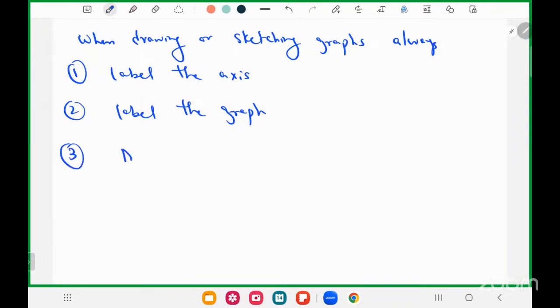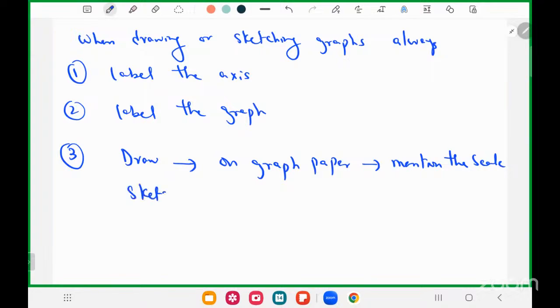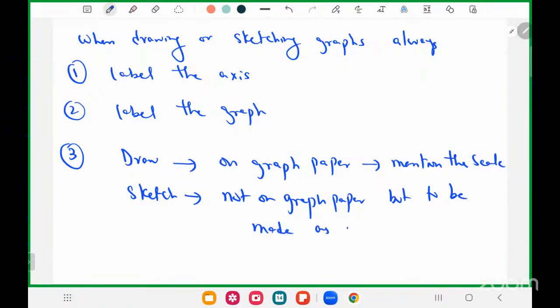If the question mentions draw the graph, then you have to draw on graph paper. Mention the scale. If the question says sketch, it is not on graph paper, but to be made as accurately as possible.